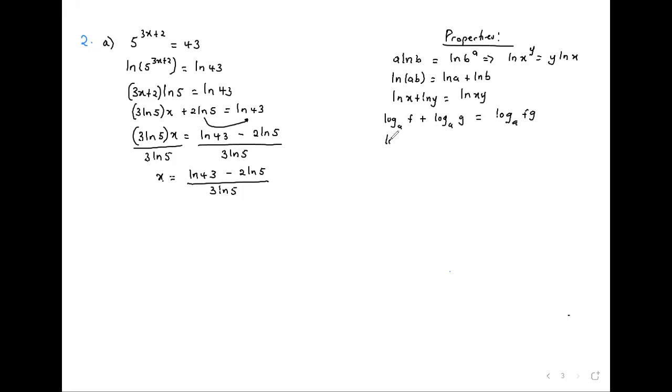But if it was log A f plus log b g, I do not put them together. I'll just leave them like this. This can only be equal to itself and not be simplified in any way, unless we do change of base.